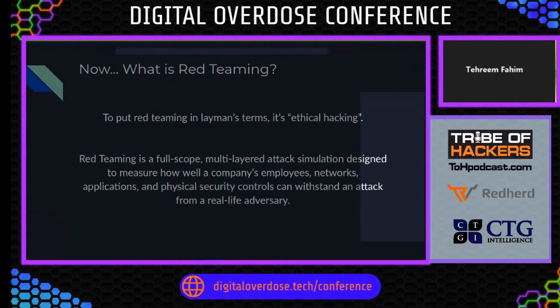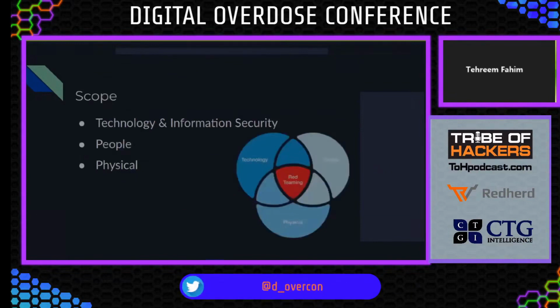If we talk about the scope of red teaming, it includes everything. A thorough red team test will expose vulnerabilities and risks regarding technology and information security.